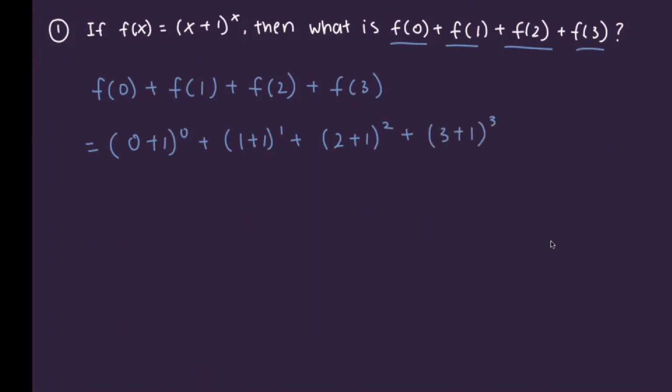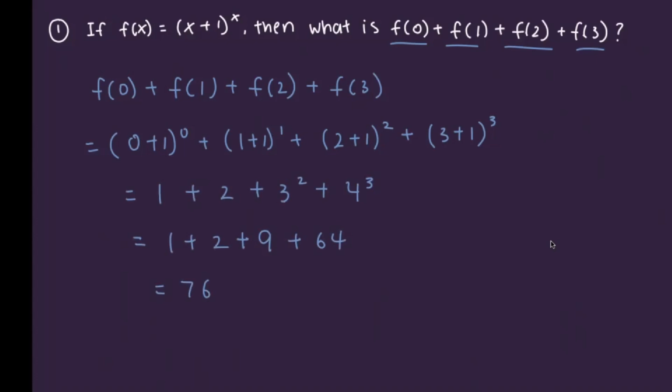So you will get 1 plus 2 plus 3 squared plus 4 cubed. This is equal to 1 plus 2 plus 9 plus 64, and you will get 76.